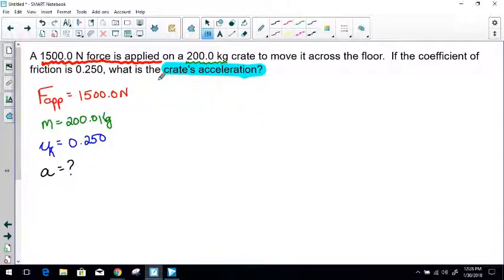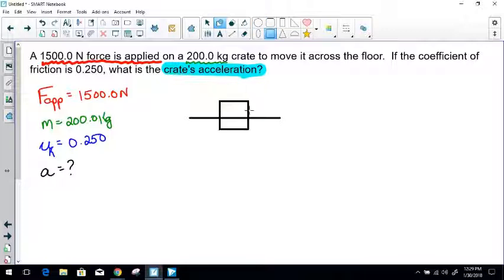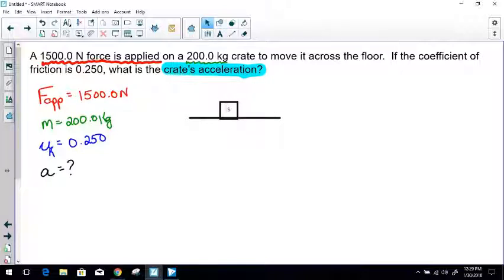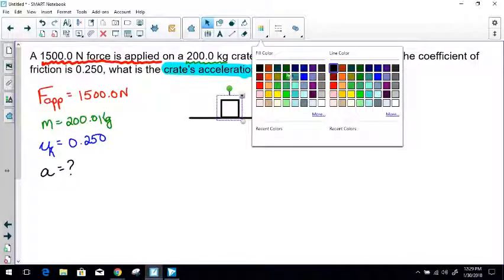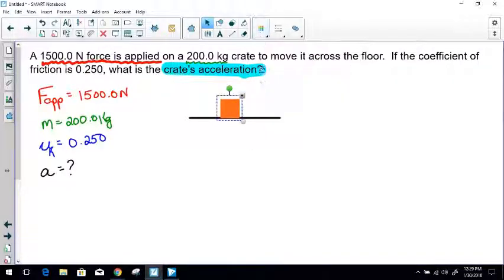All right, so we're talking about Newton's second law here. If I'm looking at a force diagram, I have a floor, and I have a crate sitting on that floor.